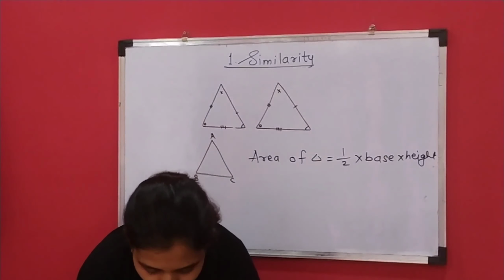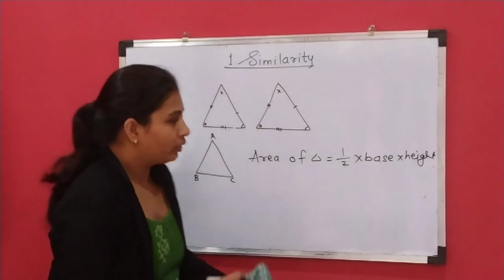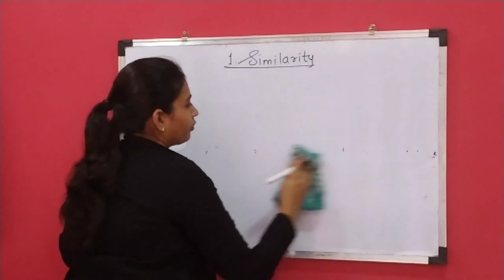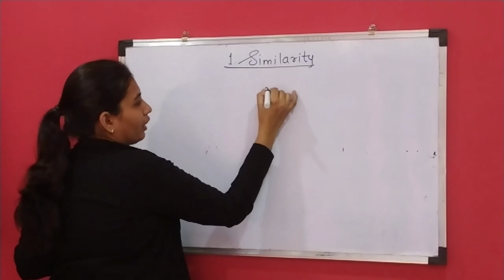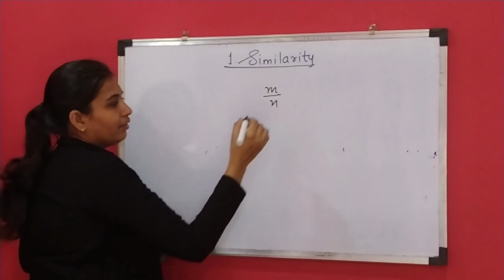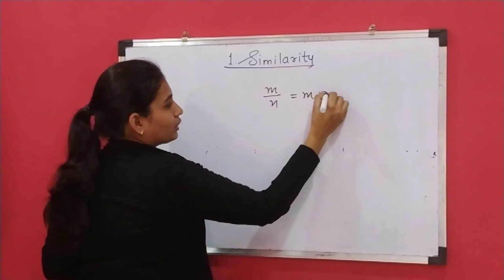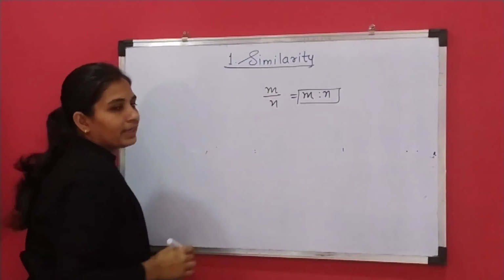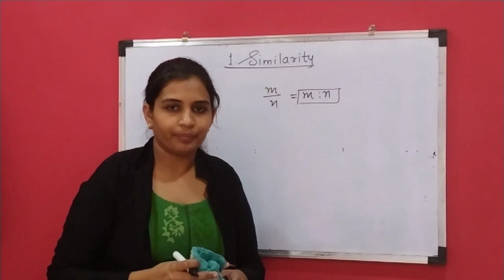Now, what does ratio mean? For example, m upon n, we can read this ratio as m is to n.